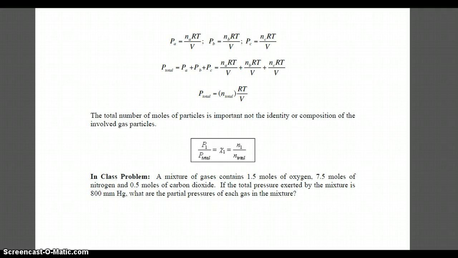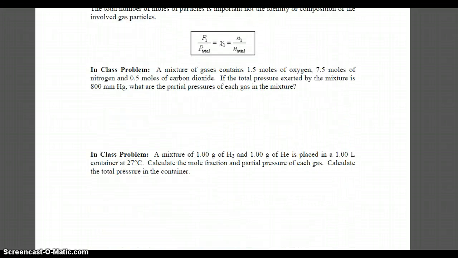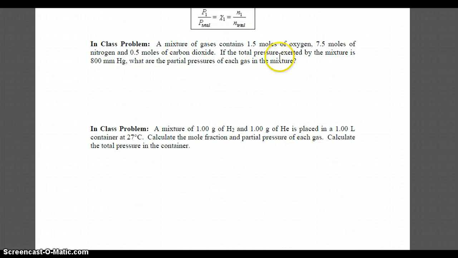Okay, so when you look at this problem here, it reads: a mixture of gases contains 1.5 moles of oxygen, 7.5 moles of nitrogen, and 0.5 moles of carbon dioxide. If the total pressure exerted by the mixture is 800 millimeters of mercury, what are the partial pressures of each gas in the mixture?